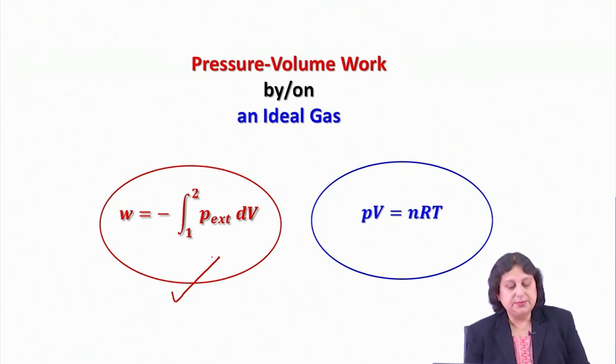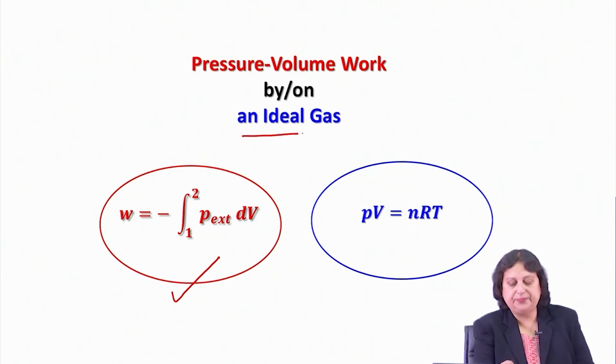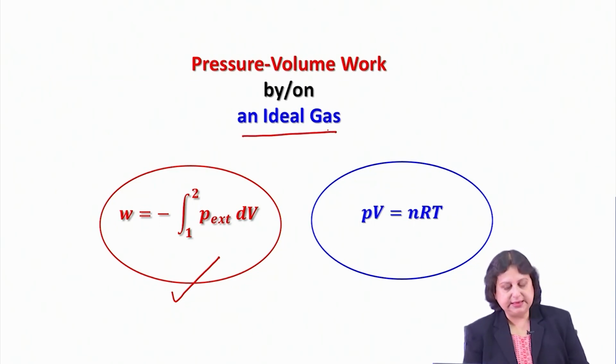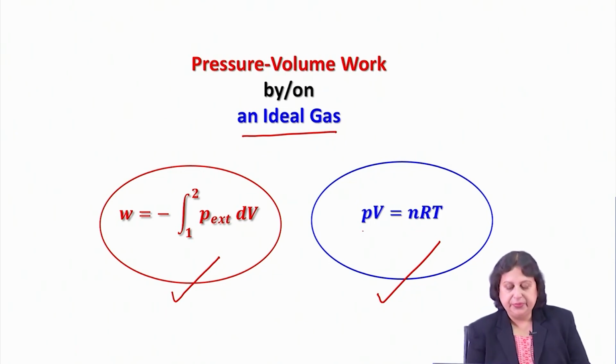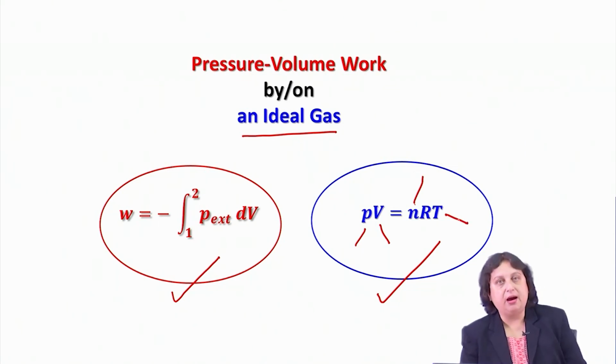But here, simply because my working system is an ideal gas, I will have this additional relationship that PV equals nRT, where P is the pressure of the gas in a given state, V is the volume of the gas, n is the number of moles of the gas present, T is the temperature, and R is the universal gas constant.